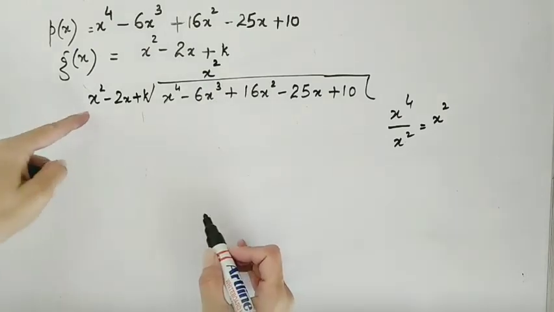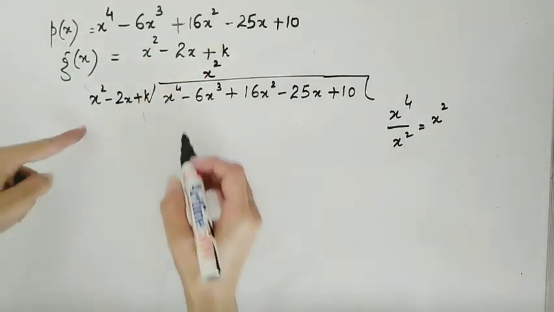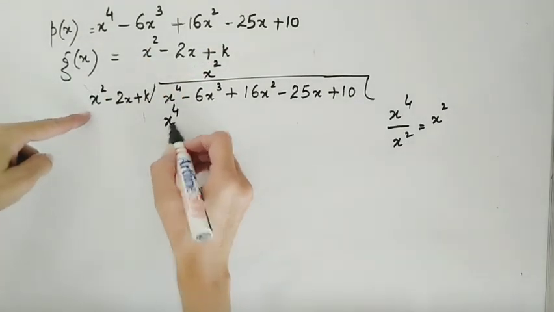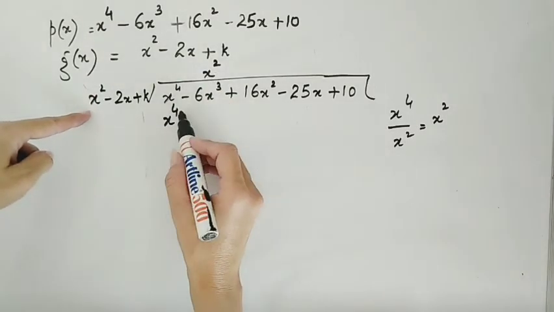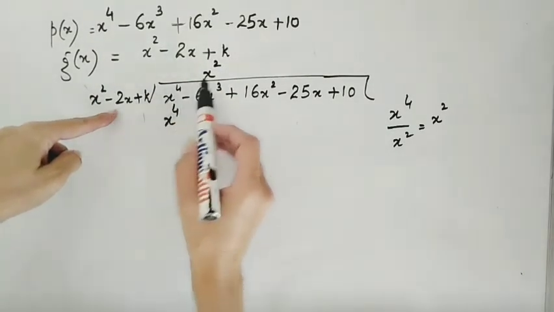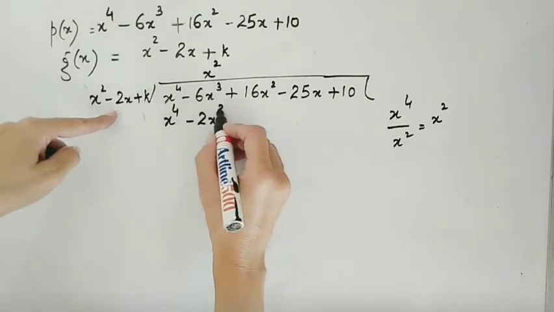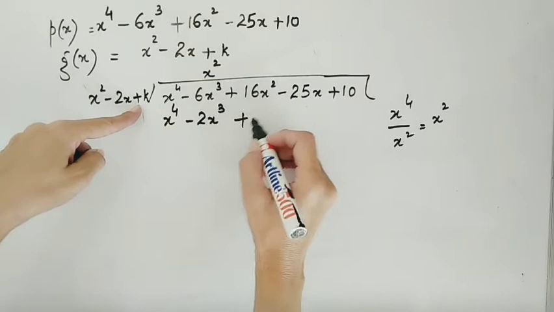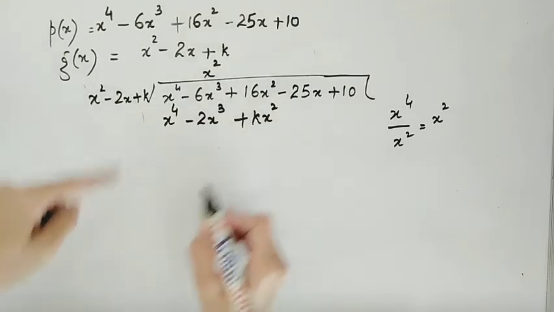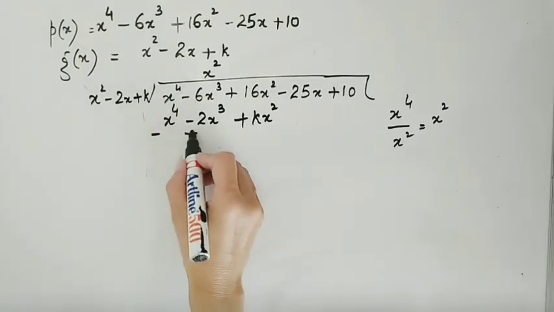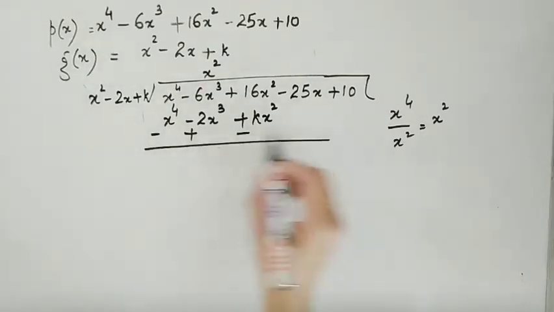Now multiplication of these three terms with x square. This becomes x to the power 4, because x square into x square would be x raised to power 4, minus twice of x into x square would be minus 2x cube, and then plus kx square. Change of sign, this is minus, this is plus, this is minus, and then eliminate.